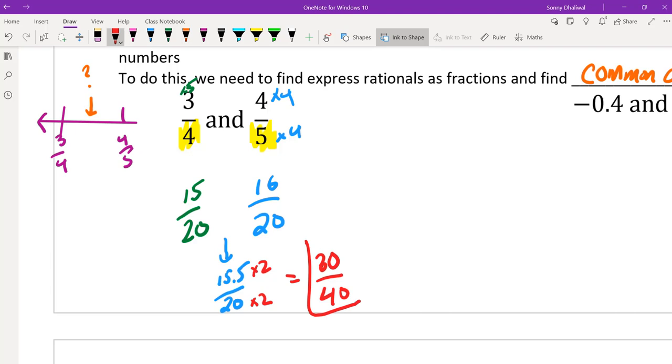That would be the rational number, the fraction: 31 out of 40. That would be the number right in between there. Does that make sense?